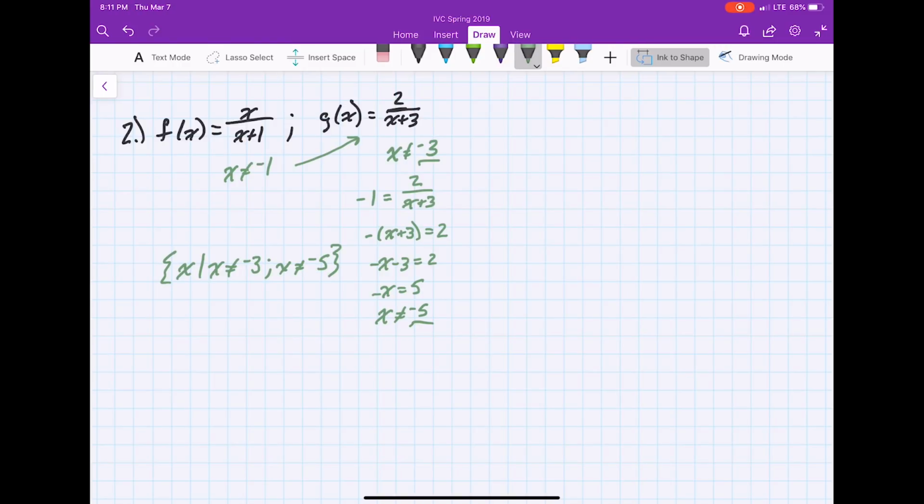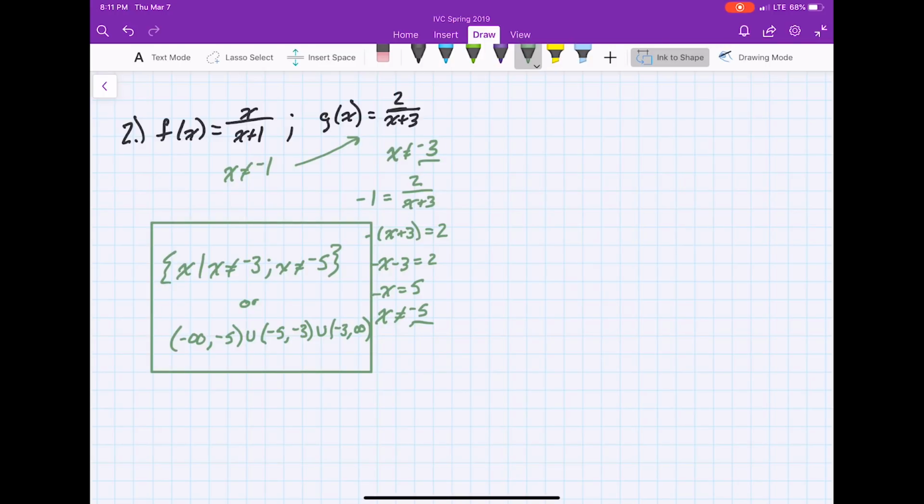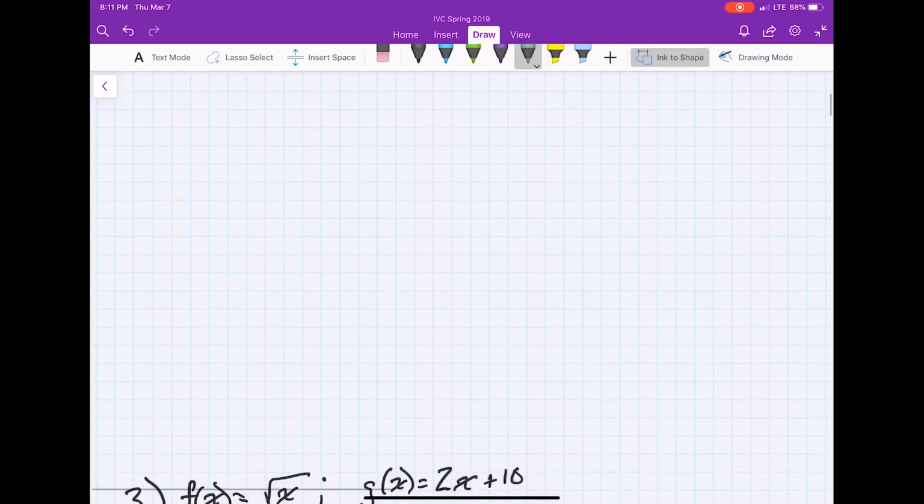Again, this is set builder notation. If you wanted to, you can of course use interval notation, which would be negative infinity to -5, and then union -5 to -3, and then union -3 to infinity. So a little bit longer on this one, but there is your answer for number 2.